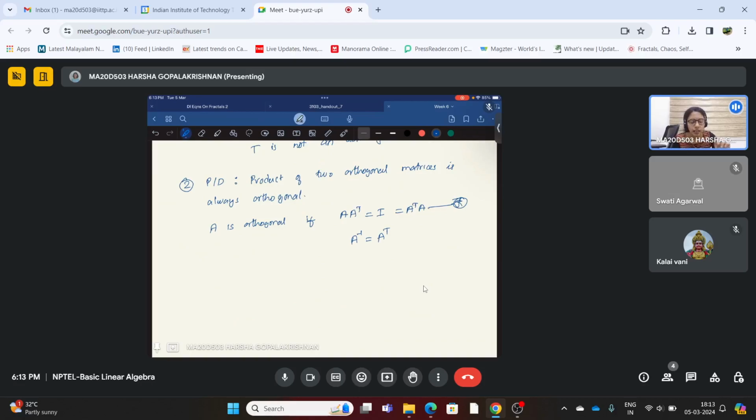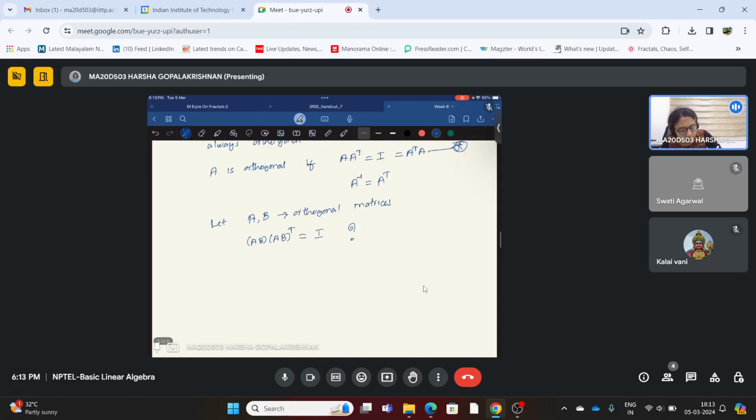Now, let A and B be orthogonal matrices. The question is, is the product AB an orthogonal matrix or not? So what we want is AB into (AB) transpose equal to identity or not? Or in the opposite way, (AB) transpose into AB is identity or not?